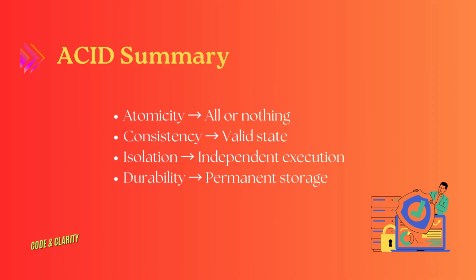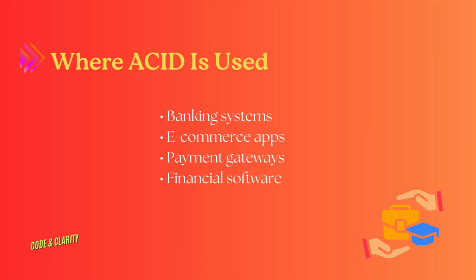Now, the million-dollar question: where is ACID used? ACID properties are used in banking systems, e-commerce applications, payment gateways, and financial software. Anywhere data accuracy is critical, ACID is mandatory. Consider a bank, where lakhs and crores of transactions are occurring.